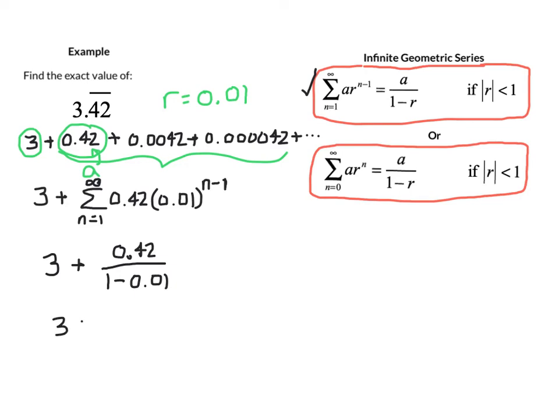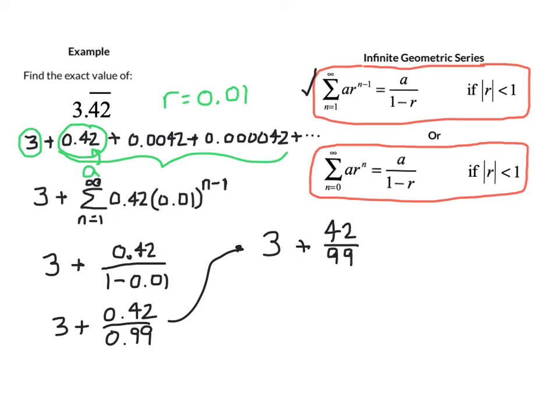So we end up with 3 plus 0.42 divided by 0.99. And if we just multiply top and bottom of that fraction by 100, our expression then is 3 plus 42 over 99.